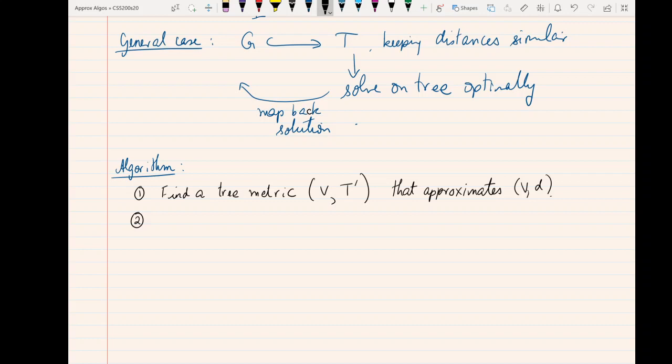Next, for each XY pair in the edges of T prime, remember that T prime corresponds to a tree and it has edges.